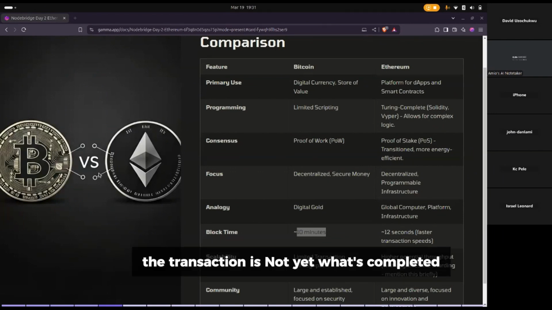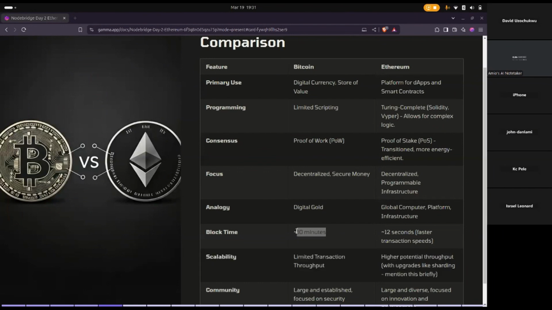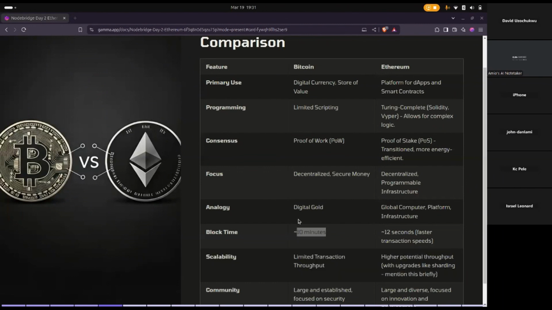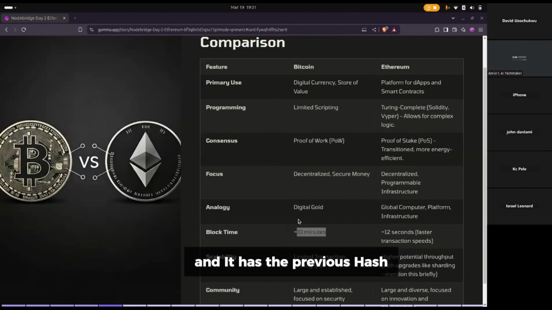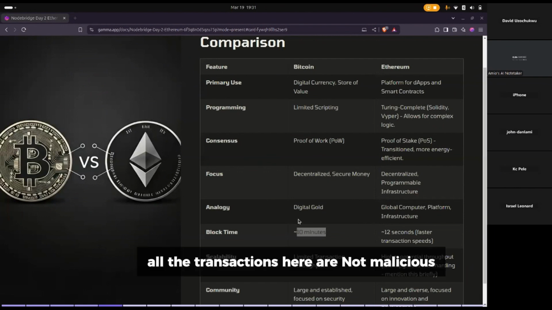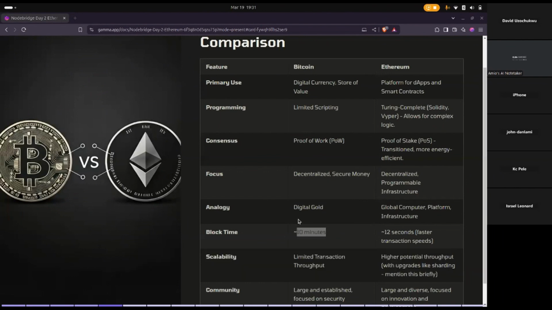If the transaction is not yet completed, it is not yet a block, because it has to be complete and have the previous hash. Then when it is verified and all those other good things happen, it has been validated that all the transactions here are not malicious, everything is complete, then it is now linked to the other blocks, and then you have it.